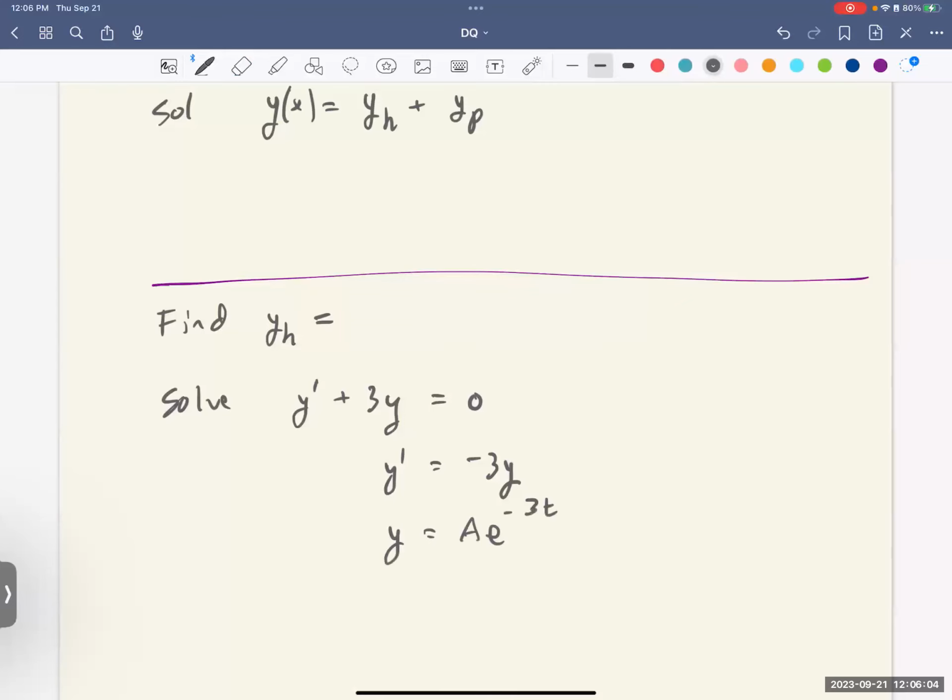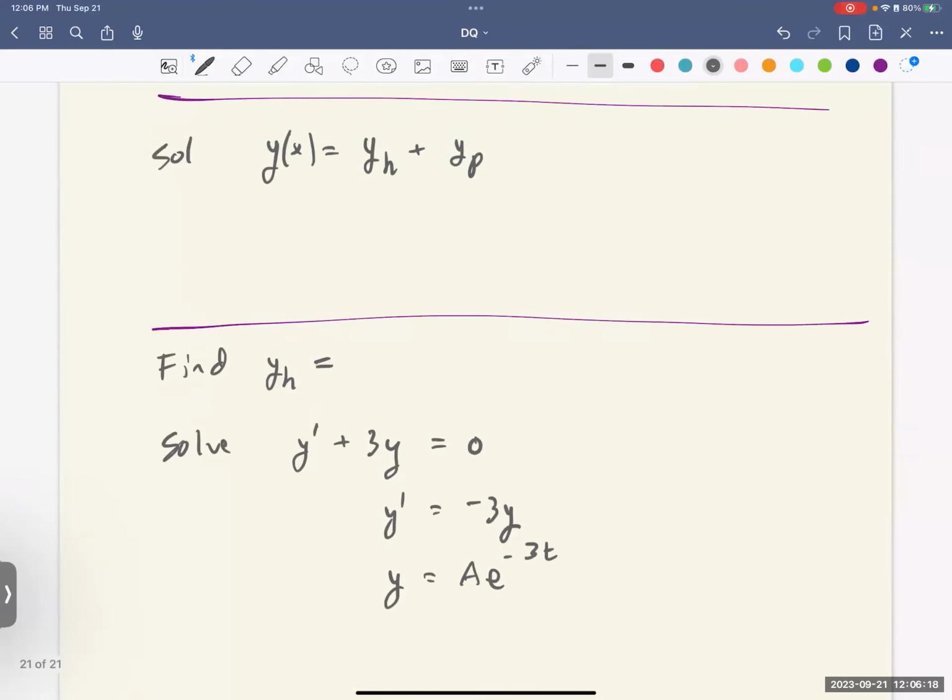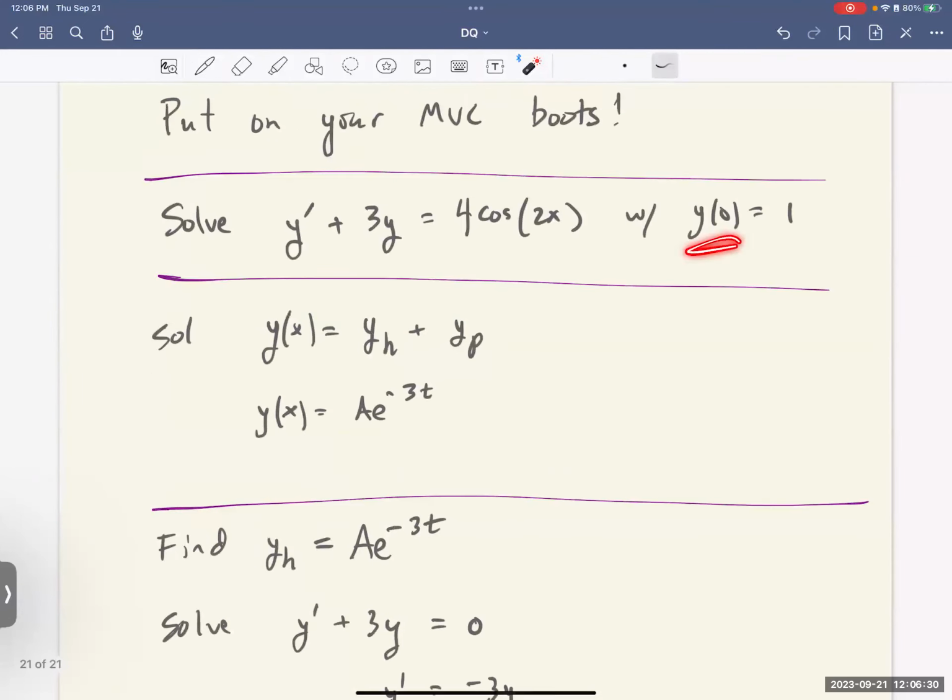There are several ways to solve that problem: through separation, through integrating factor, through MUC. You should try that, but it's helpful just to know that that's the solution. So a e to the negative 3t. So far our solution, y of x, would be a e to the negative 3t. The only way this a gets recovered is with our initial condition, which we'll do later.